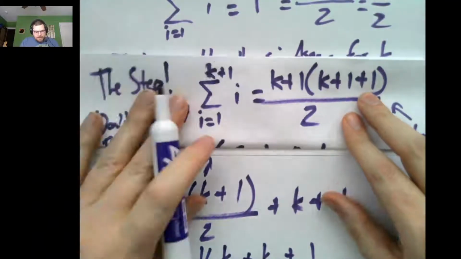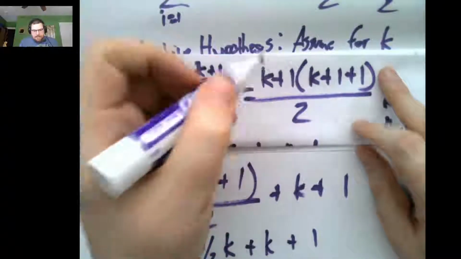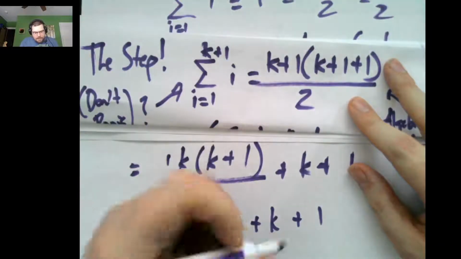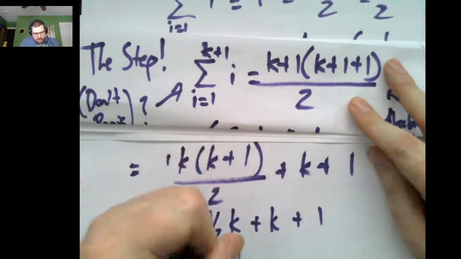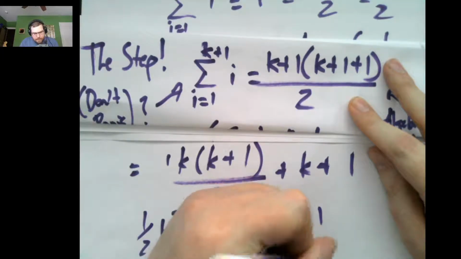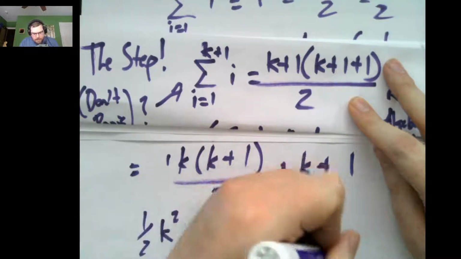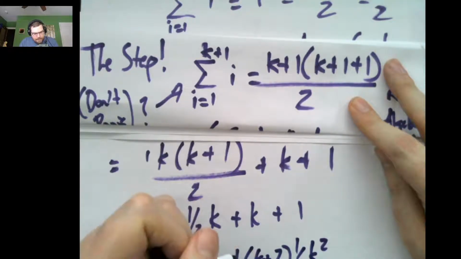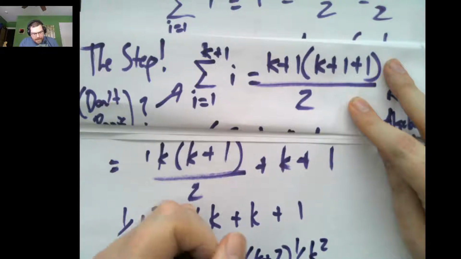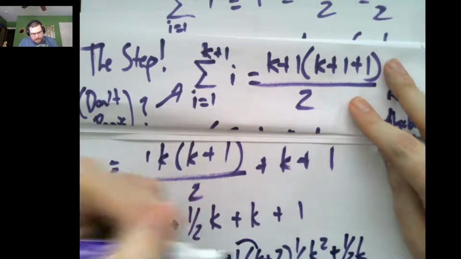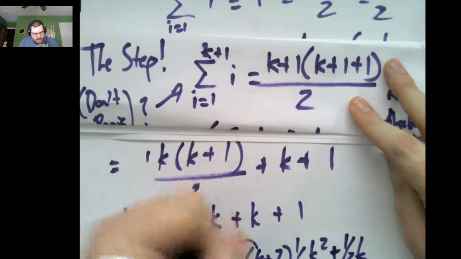What we're trying to prove is, let's multiply this through: k plus 1 times k plus 2 over 2 equals 1 half k squared, plus 1 half k plus 1k, so plus 1 half k to multiply these together, because that's still 1 half times this.